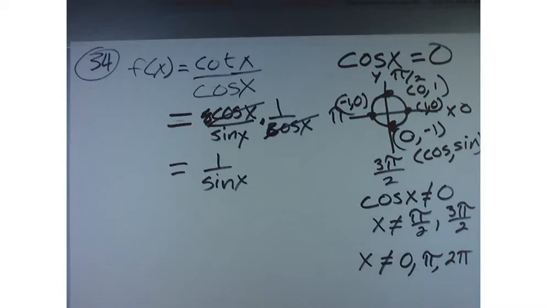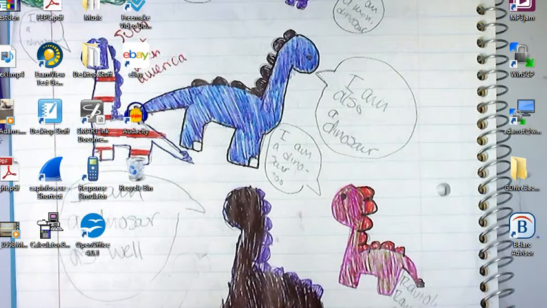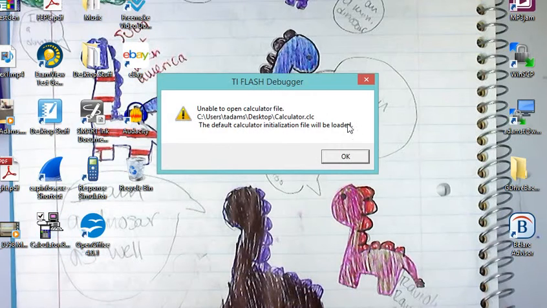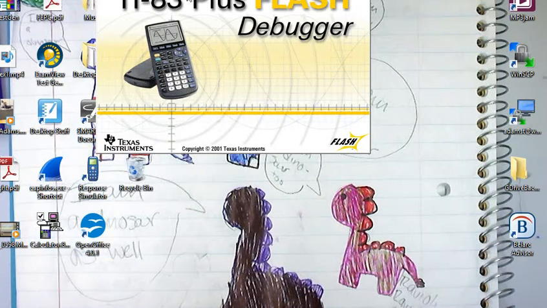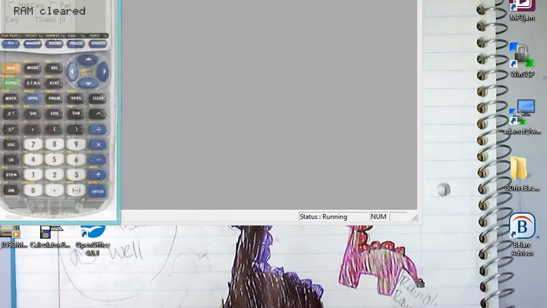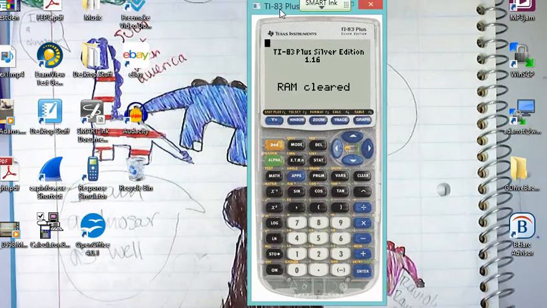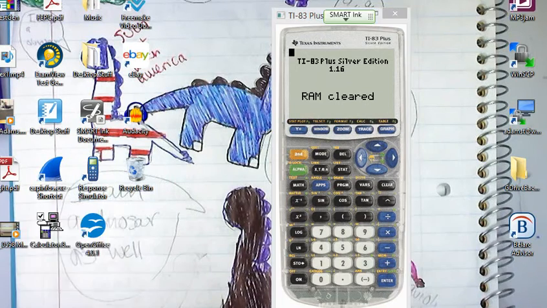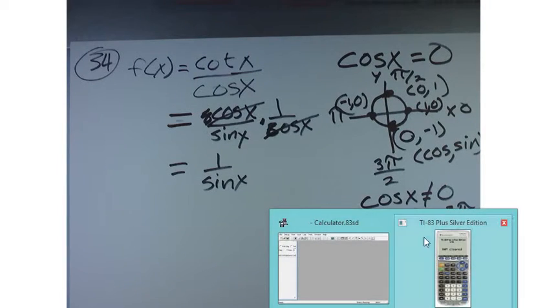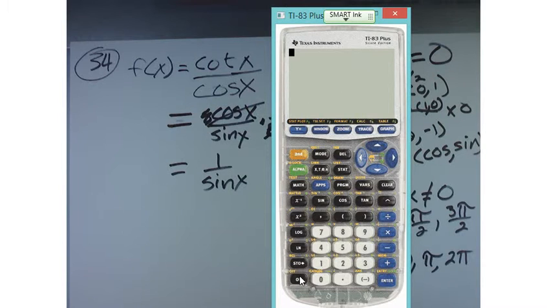Now if we go to graph this, what it would look like is cotangent. So I'm just going to graph it as cosine of x divided by sine of x.